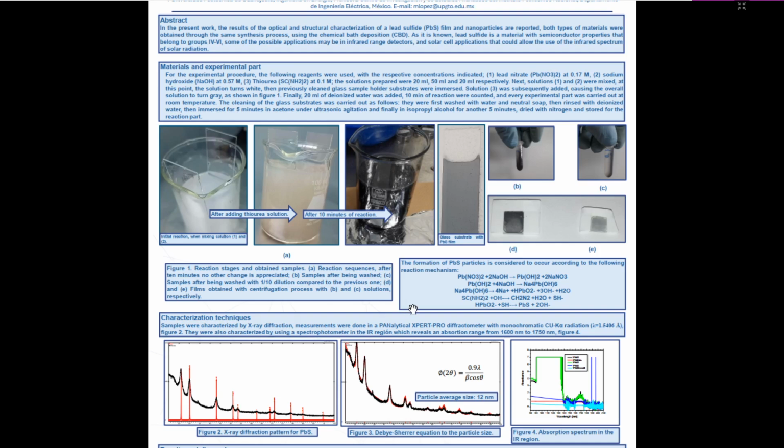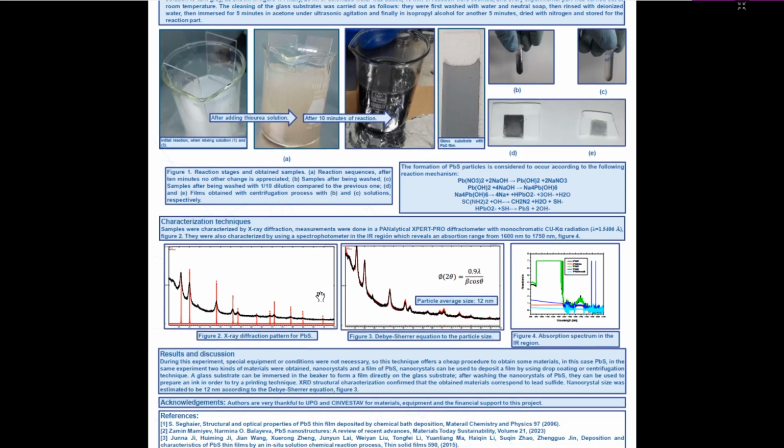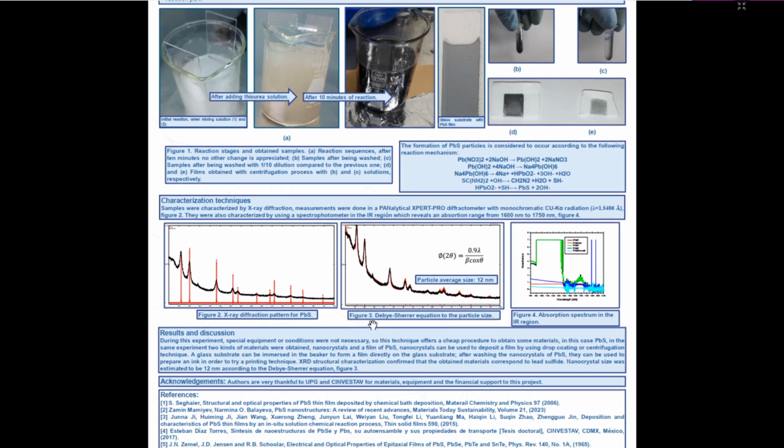The formation of PbS particles is considered to occur according to the following reaction mechanisms. The characterization techniques: samples were characterized by X-ray diffraction and by using a spectrophotometer in the infrared region, which reveals an absorption range from 1600 nanometers to 1750 nanometers, as we show in figure 4.